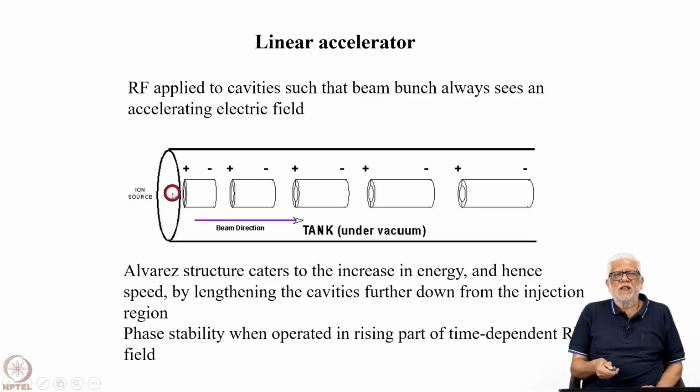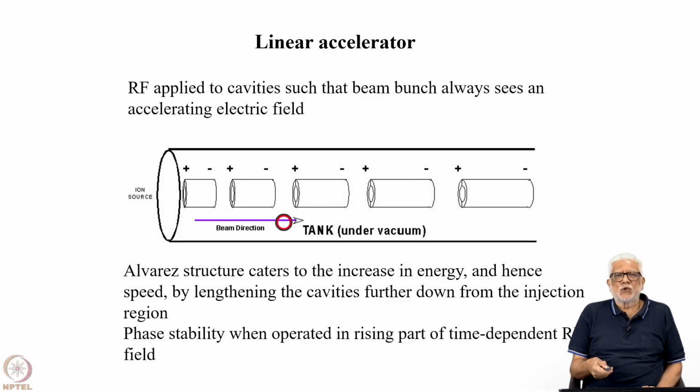So in this case, the electron is produced from a source, and then when it comes to this gap, it gets repelled by the negative voltage here, attracted by the positive voltage, so it gets accelerated. By the time it drifts through this electrode, it again sees an accelerating voltage, and so it keeps on accelerating. Okay, so that's how you get acceleration of the particle.